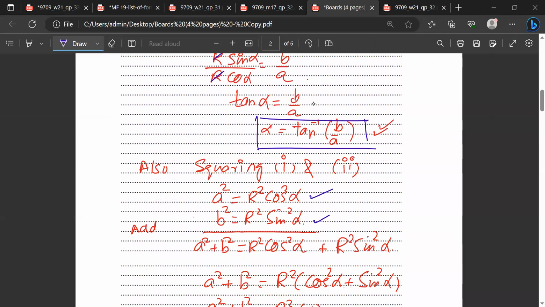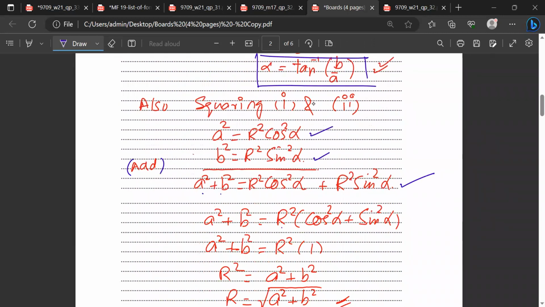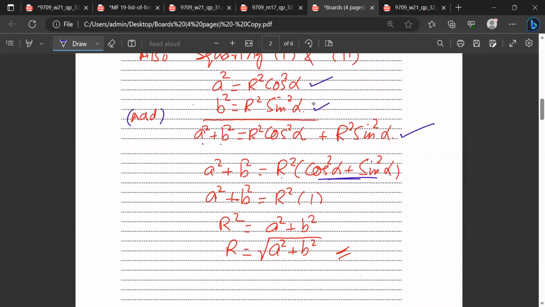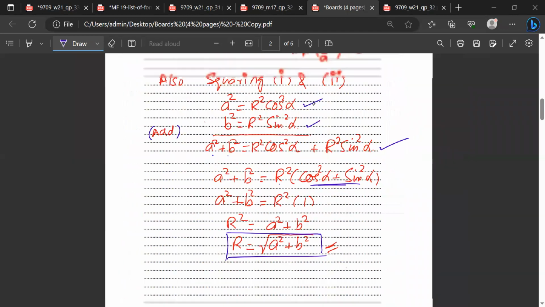After squaring, let us add. Add left side to left side, a square plus b square, and right to the right. On the right hand side, R square is common, and inside the bracket is cos square of alpha plus sine square of alpha, that is 1. And so the value of R is the square root of a square plus b square.